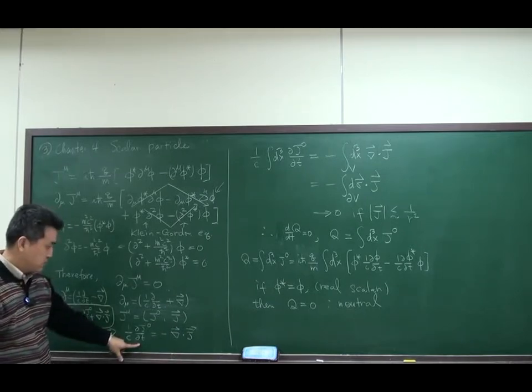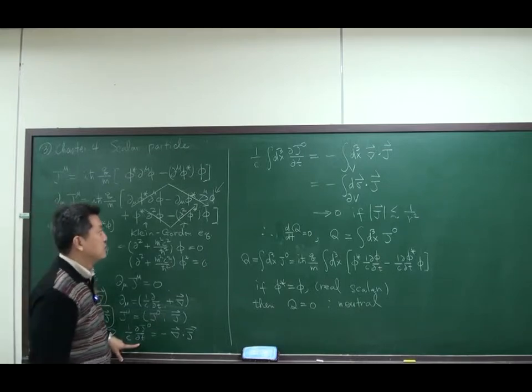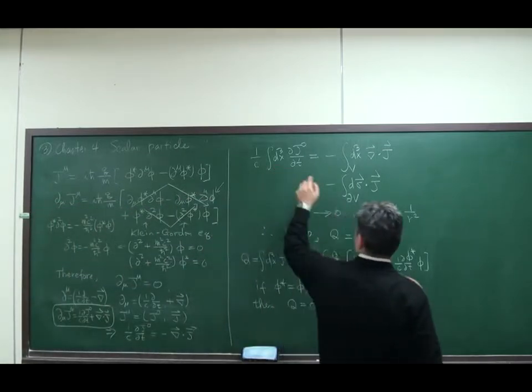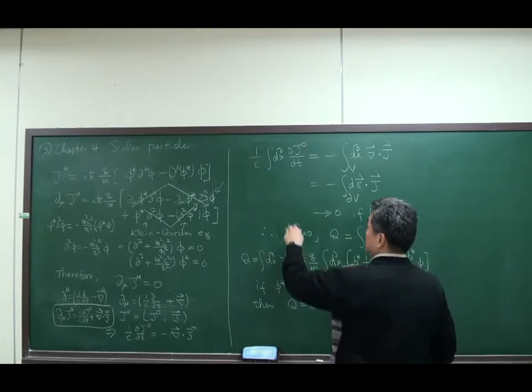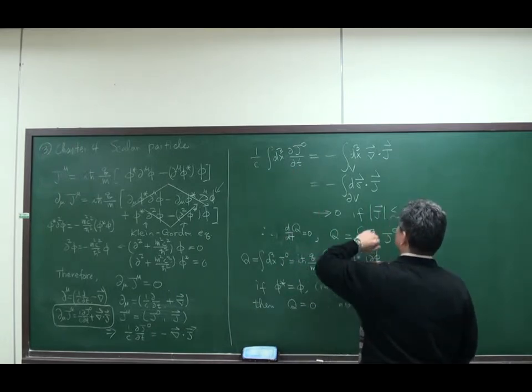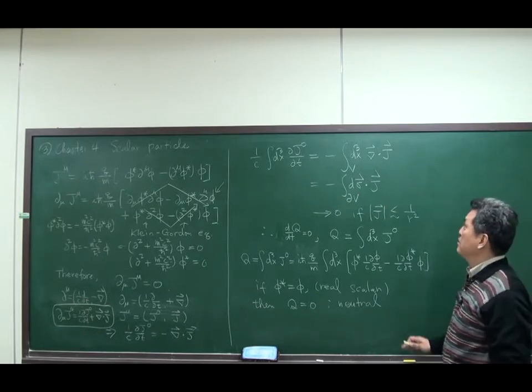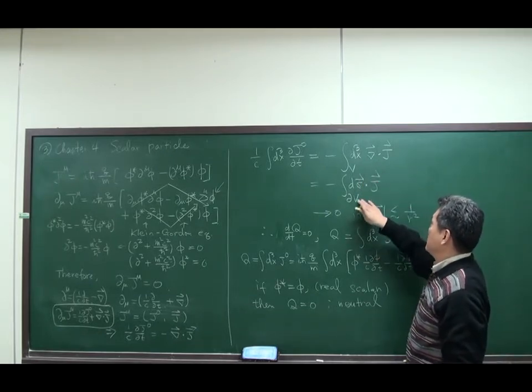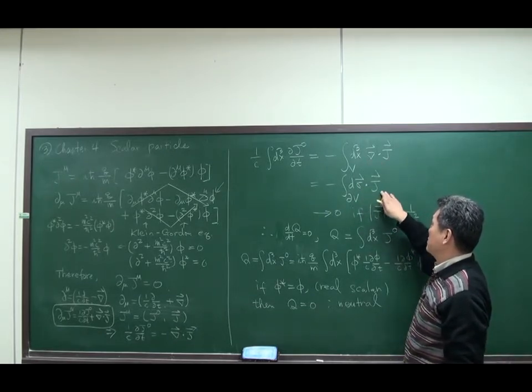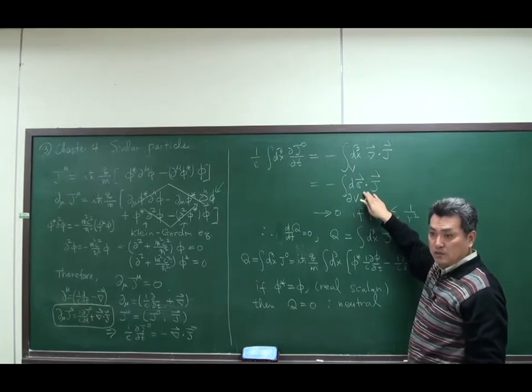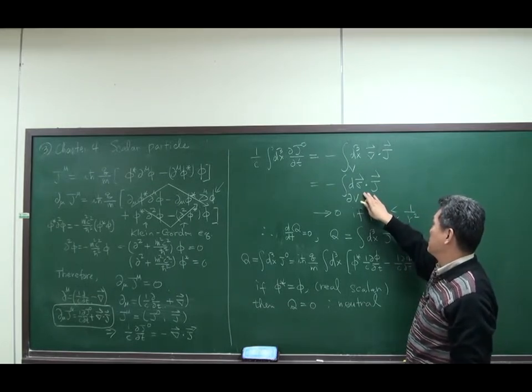Why don't we integrate over the whole space? Then the left hand side is like that, and the right hand side, we can make use of the divergence theorem over that space, and it is expressed in terms of the current times the surface area element of the boundary.